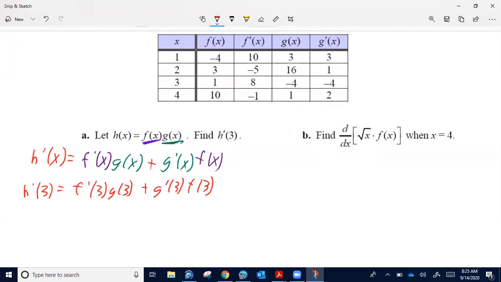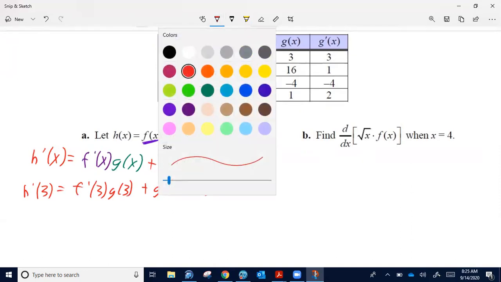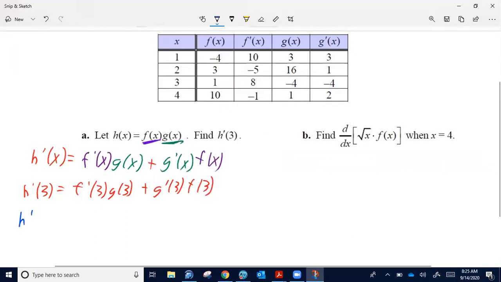Now, I go to the chart to find these specific values. So h prime of 3, f prime of 3. So f prime column, 3 for the x. Those come together to give us an 8. G of 3, regular G column, 3 for the x, come together to give us a -4, plus G prime of 3, G prime column, 3 for the x, that's a -4, times f of 3.